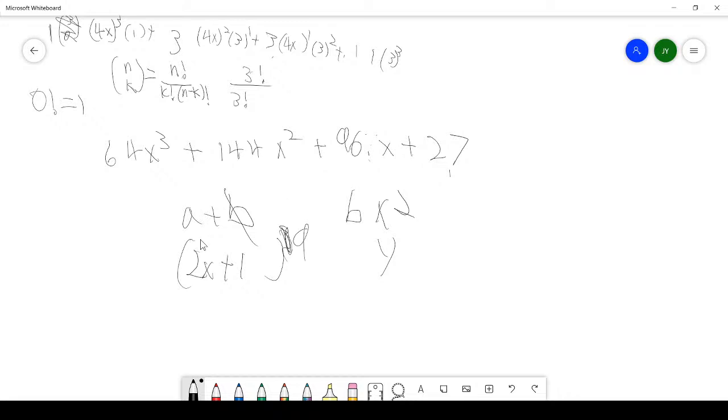It doesn't always have to be x plus a non-variable in the second part of the term. That's the whole point of putting it like this. If we put it like this, say these were just y, then we are able to replace this with y, and it still works out easily.